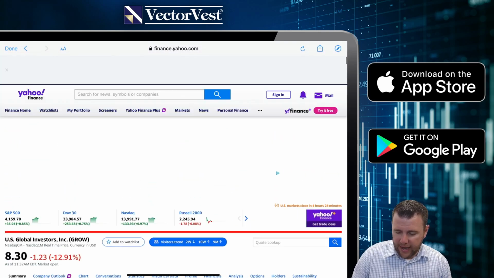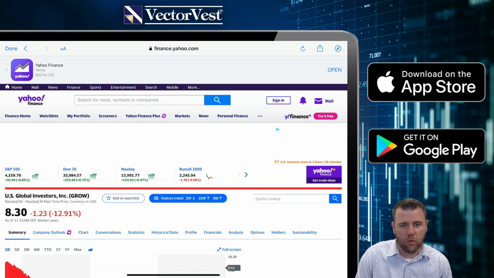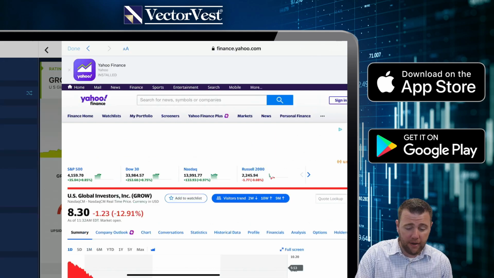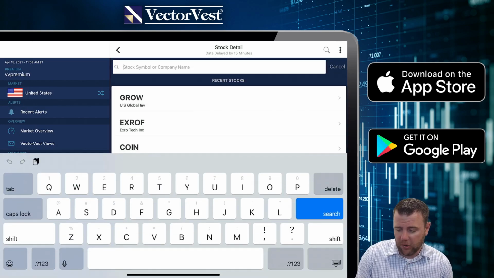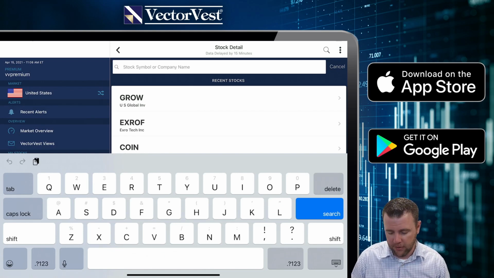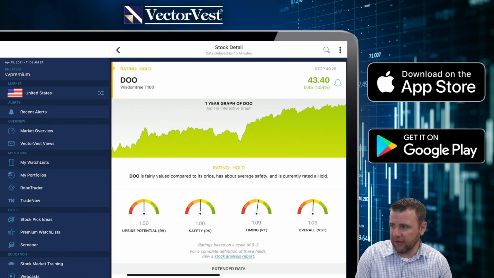So not finding any specific news on this one. I would have to do more digging. Unfortunately, I don't have enough time to really dig deep into it to figure out what's going on. But there's got to be some news driving that sell-off. Don't know what it is. Going to be interesting to see if anybody can find out more on that. And I'd be glad to talk about it here if we can find it.